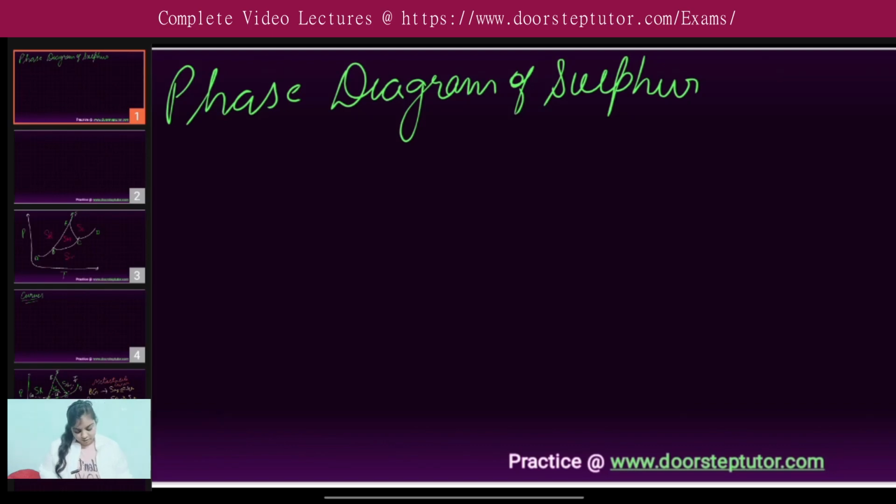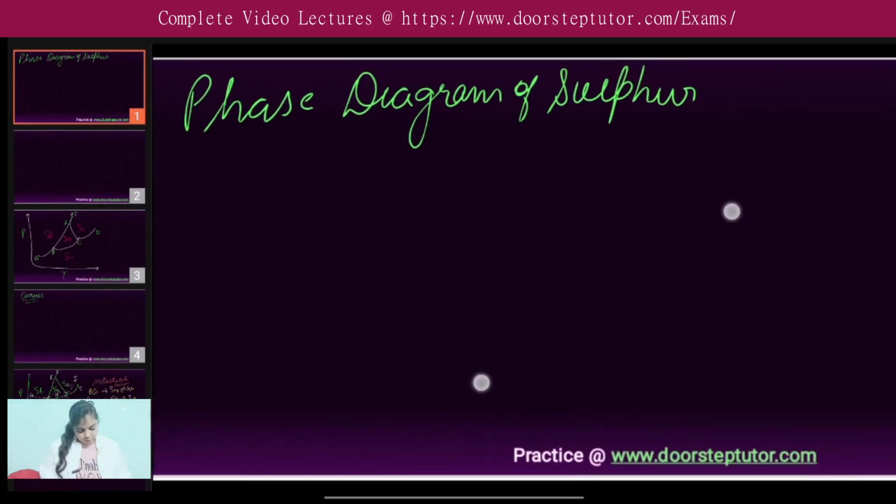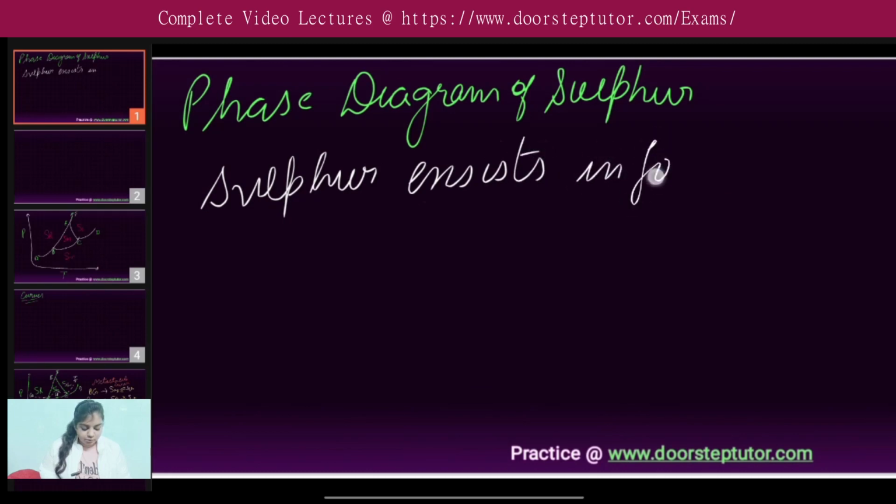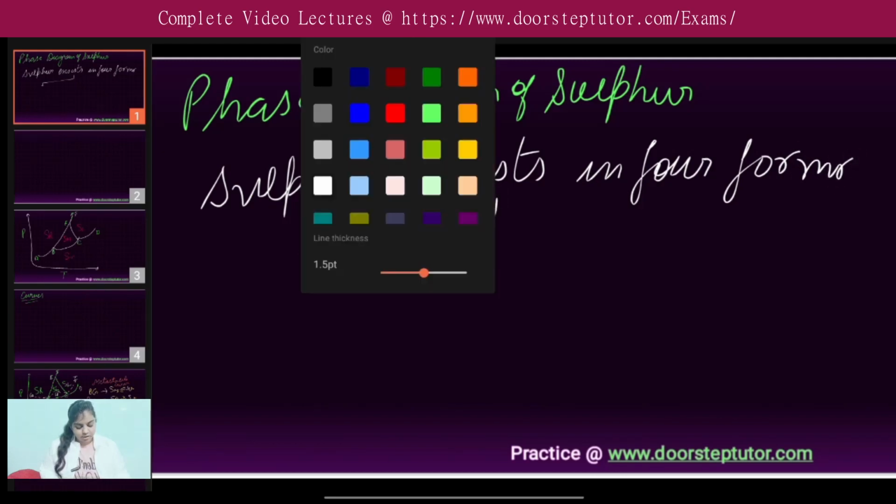Sulfur exists in four forms. What are these four forms? One is sulfur rhombic.